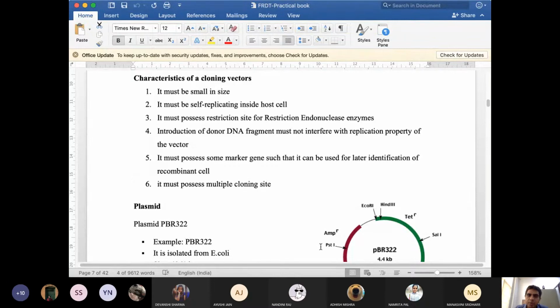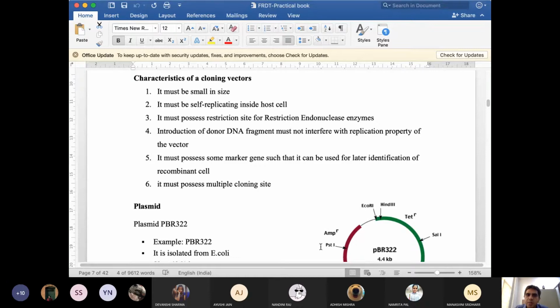So it should have the property of being self-replicating; if it is self-replicating, its degradation can be avoided. And since it is self-replicating, its number keeps on increasing. After every cycle, a new cell is formed and a new vector is formed. So this is the second characteristic: it must be self-replicating inside the host.